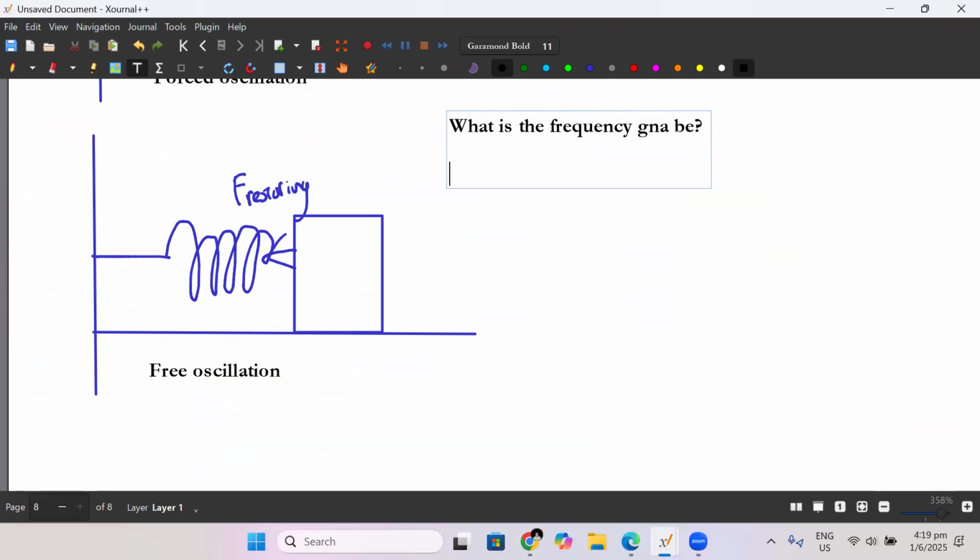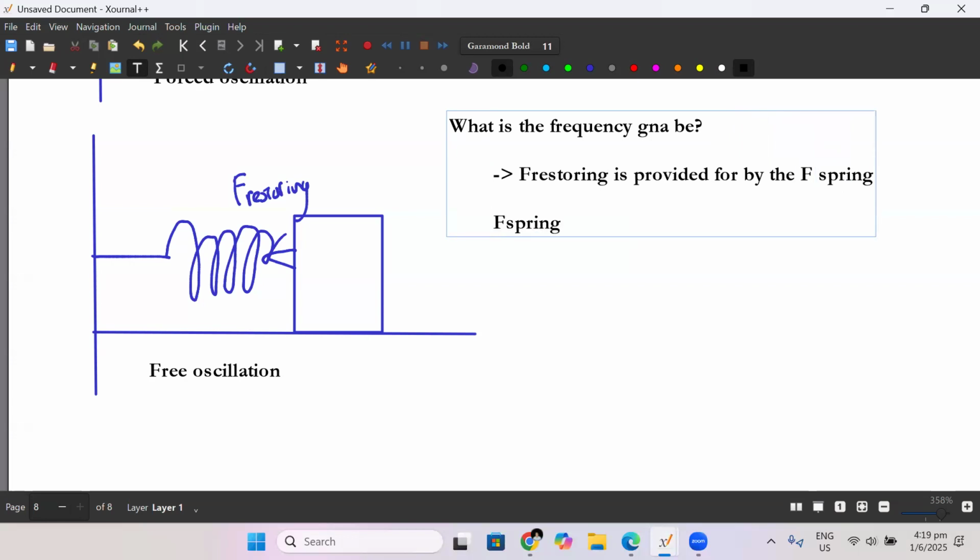This is a very important question to ask yourself. It's actually not hard to prove, so let me show you the logic. If you want to derive the frequency, it's actually simple. You just consider this: F spring provides for F restoring.